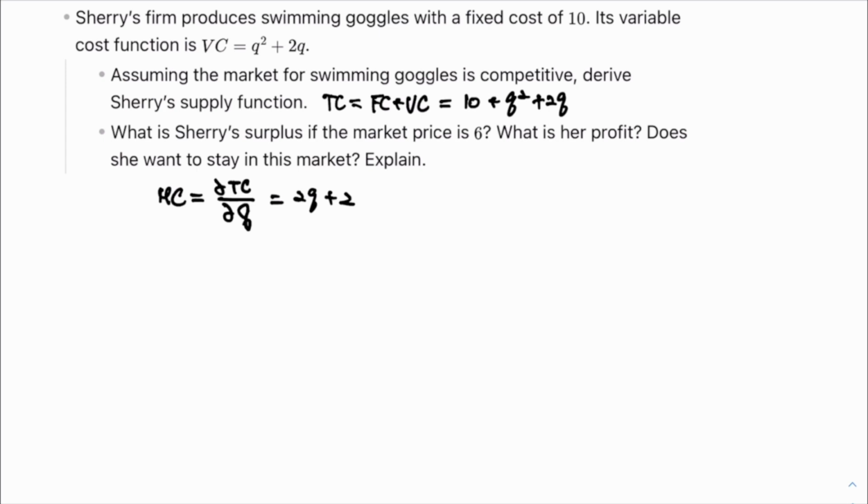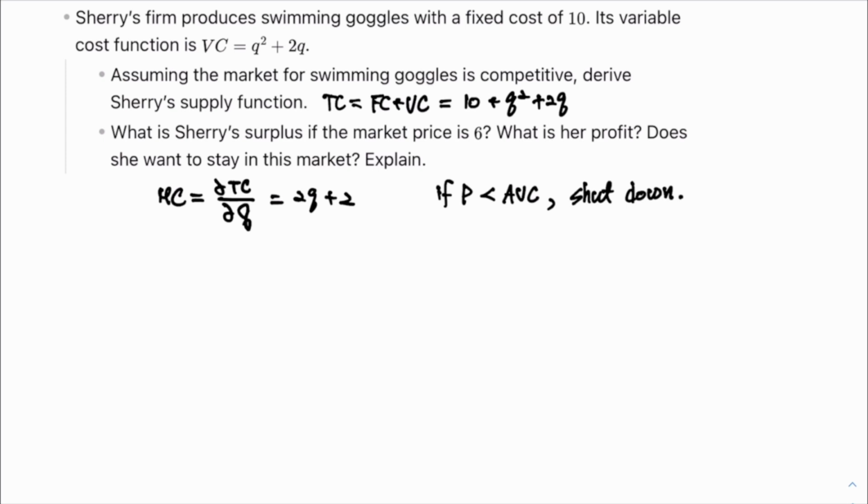But we need to check the shutdown condition. What is the shutdown condition? The condition is that P, which is marginal revenue in a competitive market, must be greater than average variable cost. So if P is less than average variable cost, we are going to shut down.